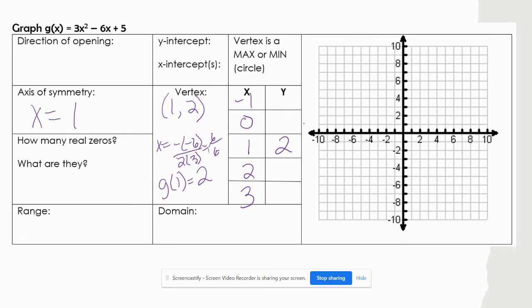If I plug in 0 into this equation, we get 5. I'm sorry, this is g. We have g of -1. Plug that in, do that math, we get 14.